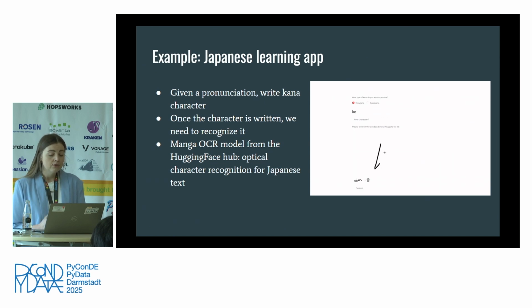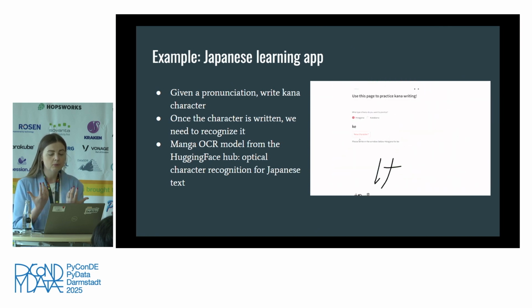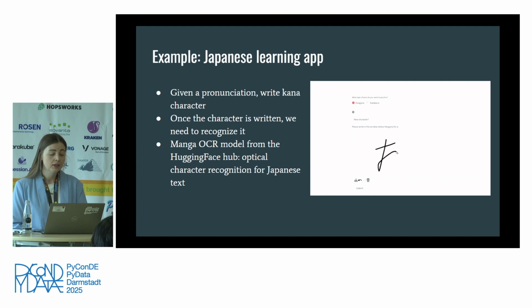I tried to use some LLMs, but they were not good enough to parse a single character. Maybe they were expecting whole words or whole phrases. That's why I decided to use an OCR model from the Hugging Face hub, which does optical character recognition.